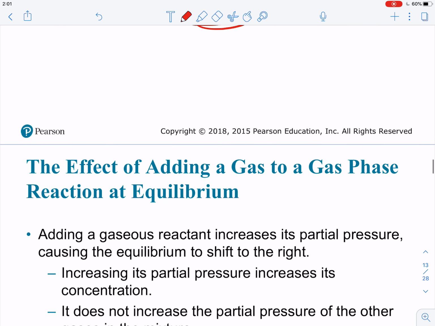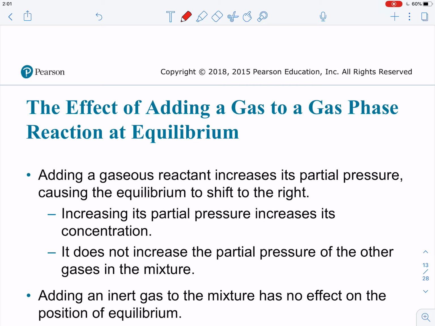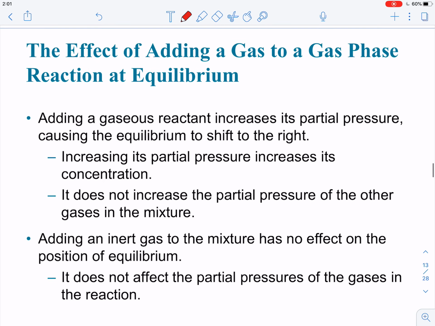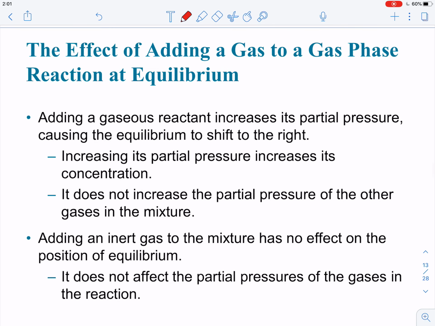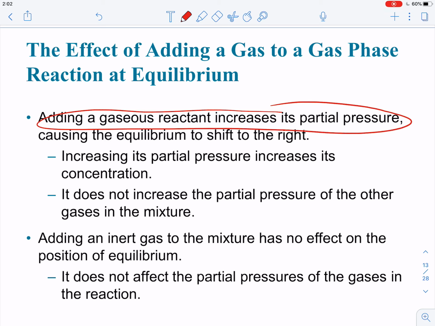Now, what happens if you add gases to the reaction? Okay, it all comes to the partial pressures. Generally speaking, if you add a gas to an equilibrium reaction, then it increases its partial pressure, and if it's a reactant, then you are increasing the amount of that particular gas.